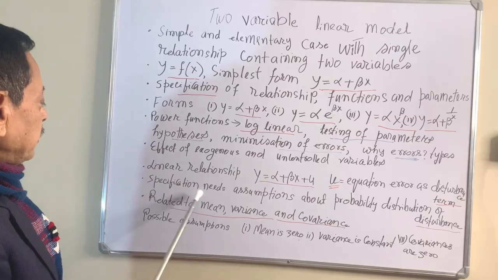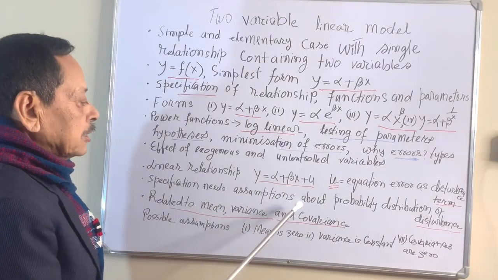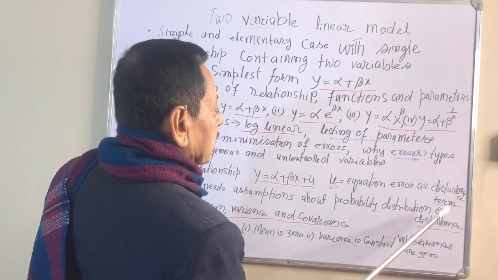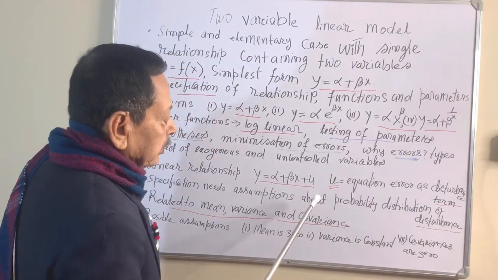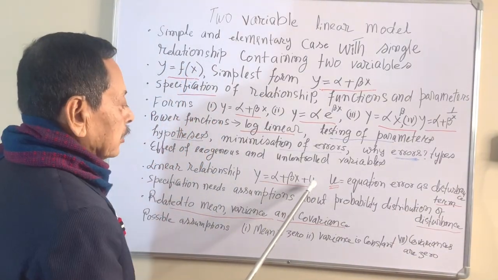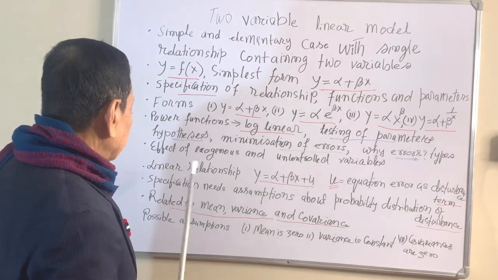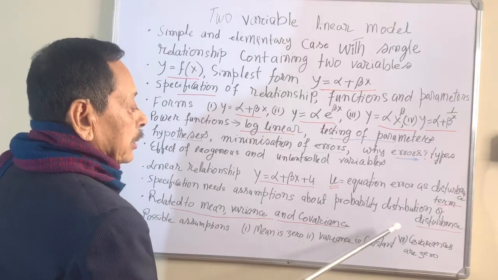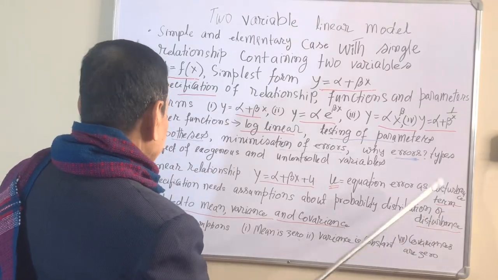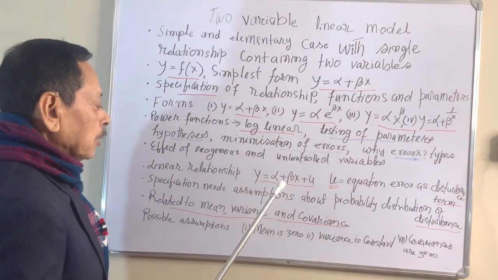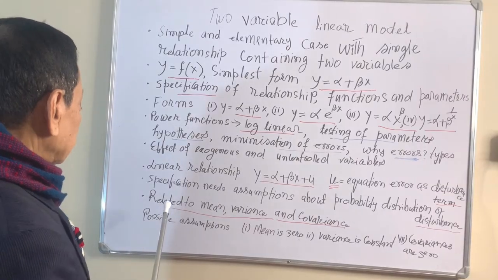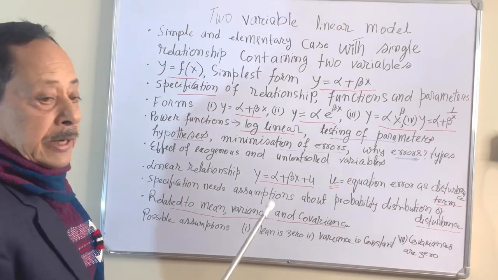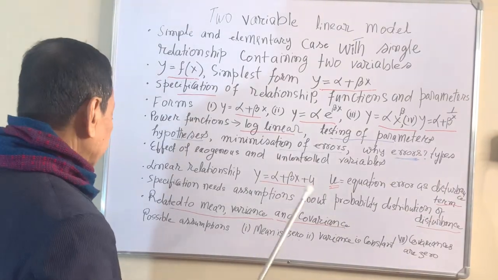Then specification needs assumptions about the probability distribution of disturbance. So due to presence of errors, it needs assumptions about the probability distribution of disturbance. Those assumptions are related to the mean, variance, and covariance of the error terms.